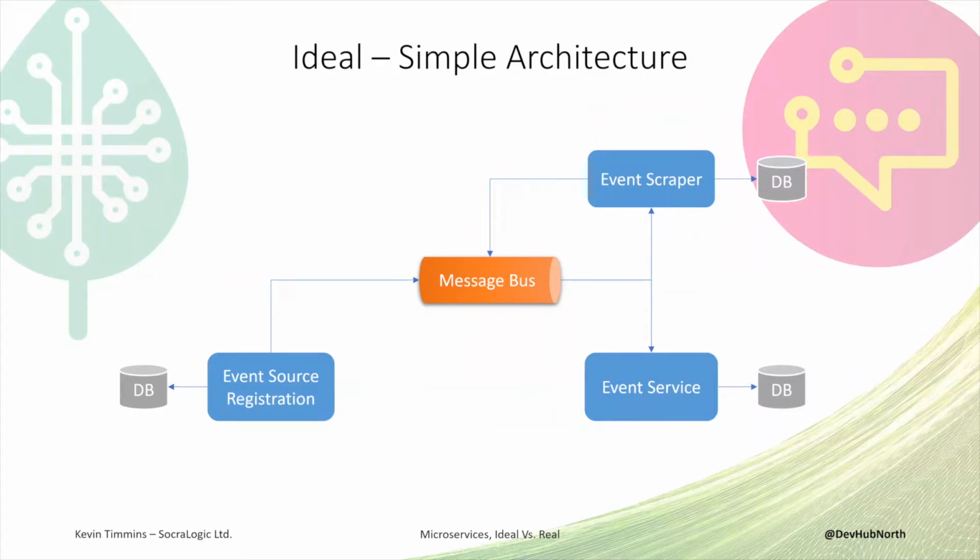So, simple architecture. Simple architecture is like the holy grail of all of this. It's nice and clean. You can look at a really simple diagram and everything makes sense. This diagram in front of you is relatively simple, very straightforward. There's nothing overly complex going on there. And that's really good.